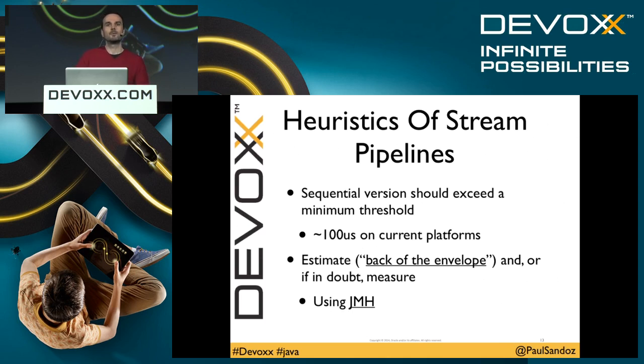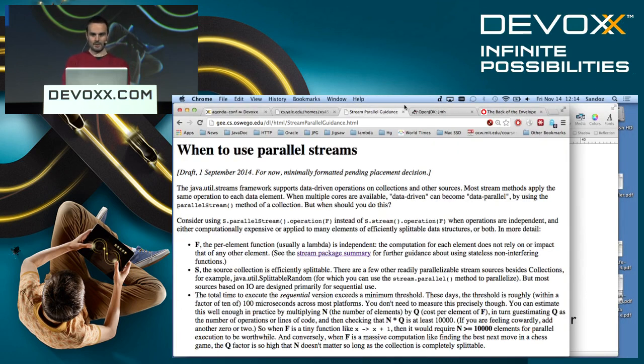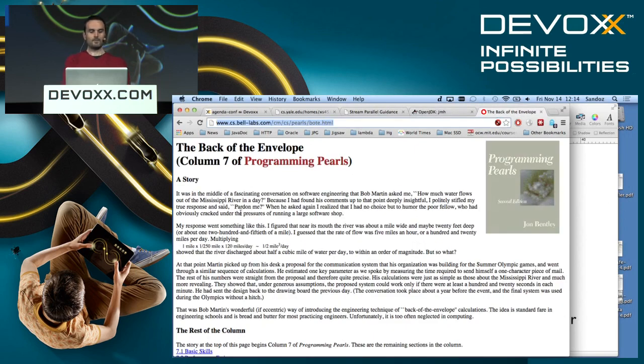Who knows Jon Bentley's Programming Pearls book? If you haven't read it, I recommend you read it. It's a very nice book on programming. They call it programming in the small. I've linked to it in the presentation, but it comes up with a wonderful engineering trick of back of the envelope calculations.